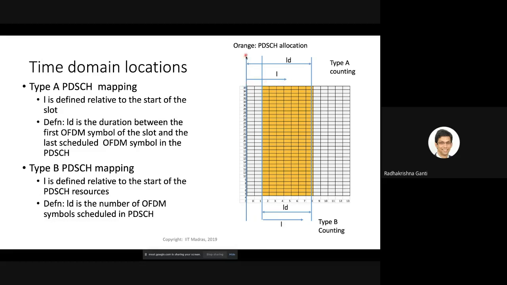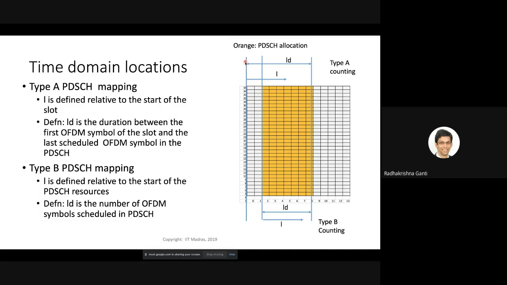You can see my cursor. There is a line to which it's relatively measured. That's called type A. So LD is the duration between the first OFDM symbol of the slot and the last scheduled OFDM symbol of the slot. Essentially everything is defined relative to this particular line. So for example, if they tell you to put the DMRS in the third symbol, the third symbol means 0, 1, 2, 3. That's how you should count.